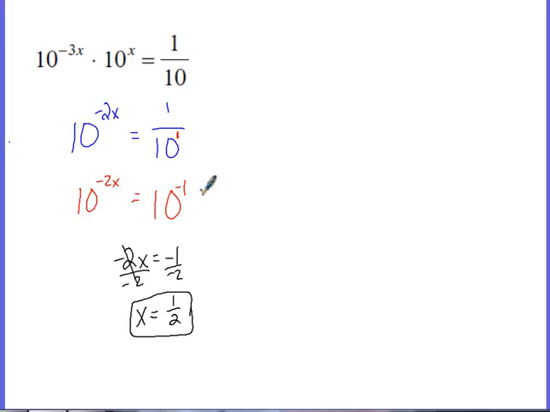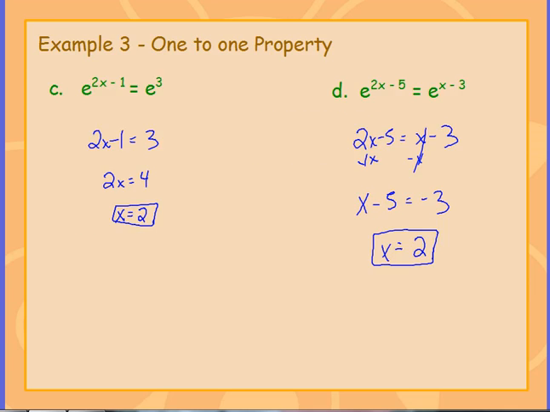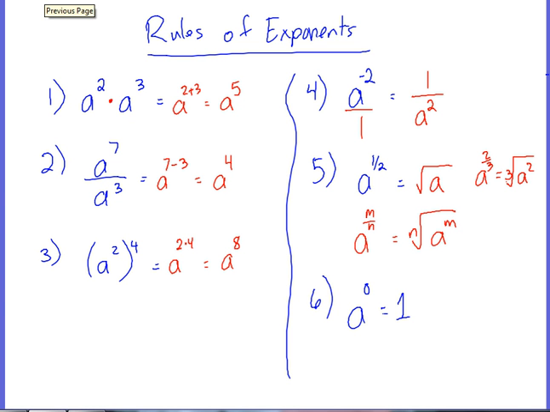Where did I lose you? Right here, Kaylee? So right now, technically, the base is 1/10, right? Any fraction you can think of as the bottom part having a positive exponent. And your rule number 4 is this, right? If you have a negative exponent, to make it positive, you flip it. But it also works the same way.